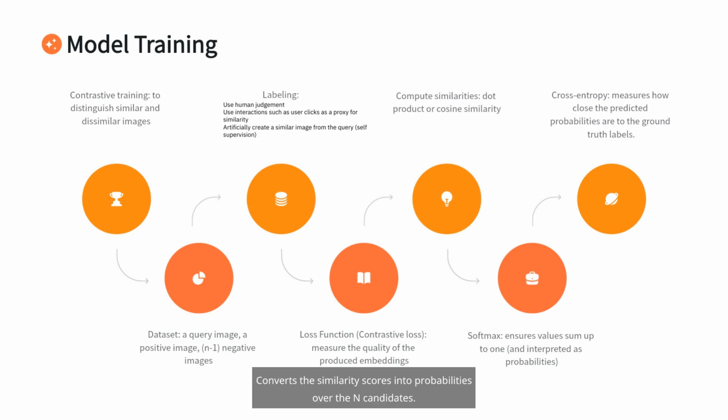Softmax layer converts the similarity scores into probabilities over the N candidates. Cross-entropy loss measures how well the model assigns high probability to the correct, positive image. Encourages the model to be confident and correct in ranking similar images. The better the loss is minimized, the more meaningful and compact your embedding space becomes.